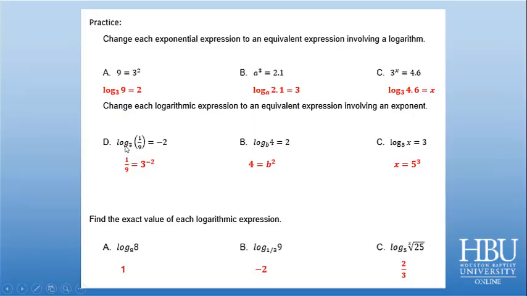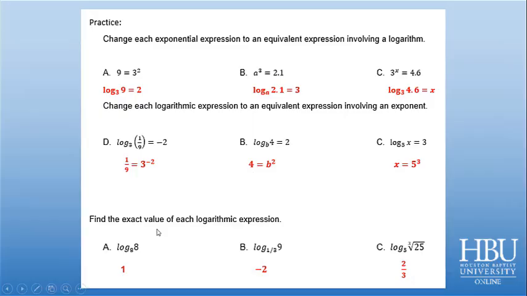Notice again, the logarithm is -2, so -2 is the exponent that is attached to this base 3. If the logarithm of 4 to base b is 2, 4 is going to equal b squared. And if the logarithm of x to base 5 is 3, then x must equal 5 cubed.